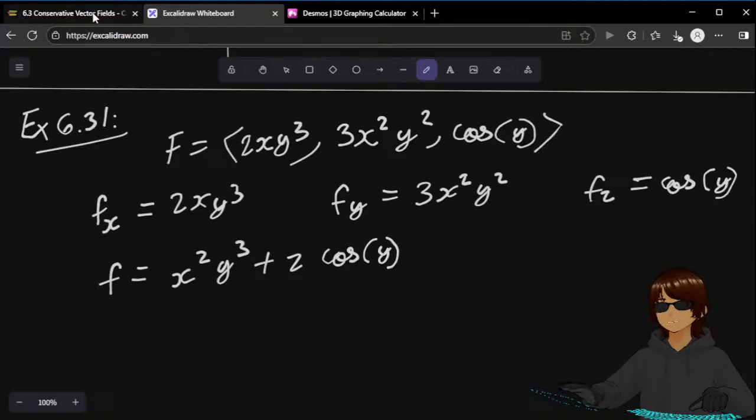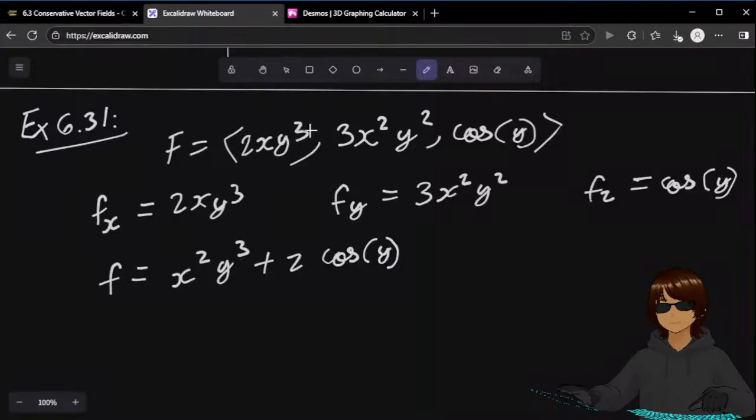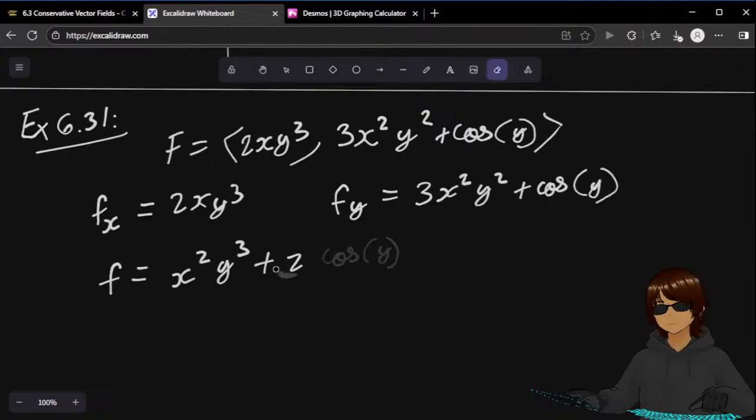This is the issue. Oh no, wait, I got it wrong. It's two dimensions. Differentiating with respect to x gives this, differentiating with respect to y gives this part, but not this part.